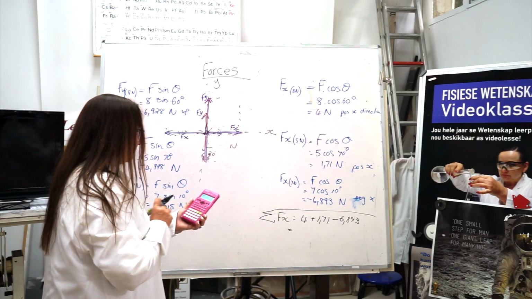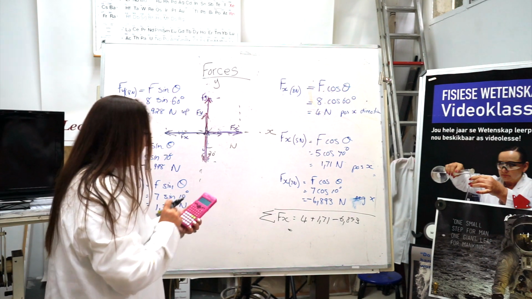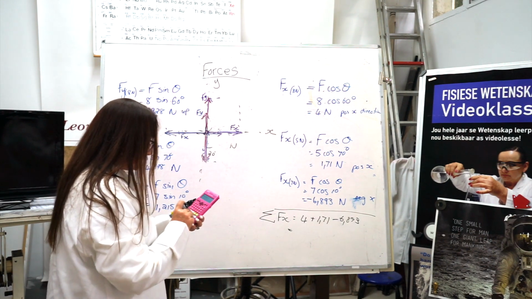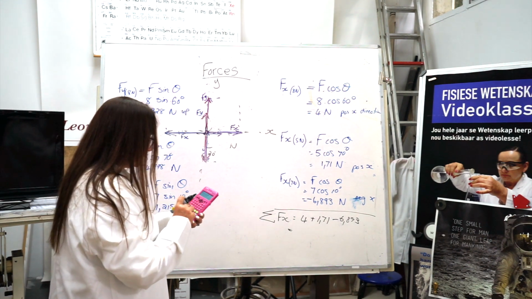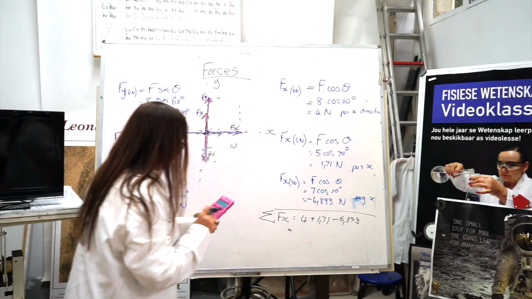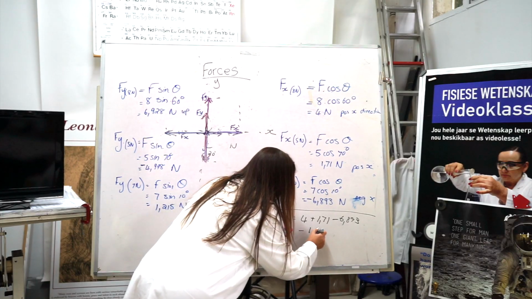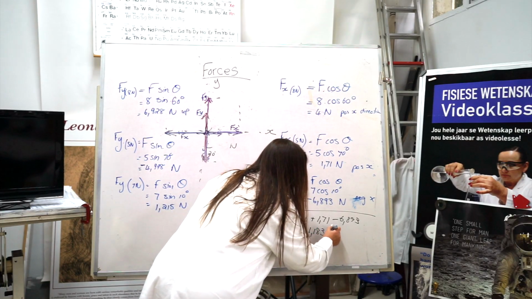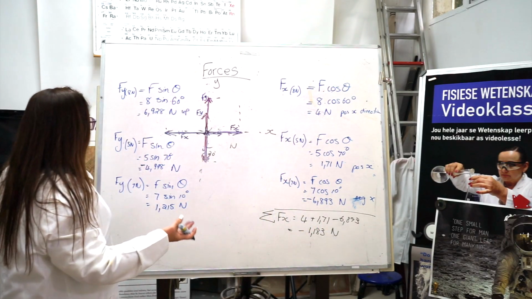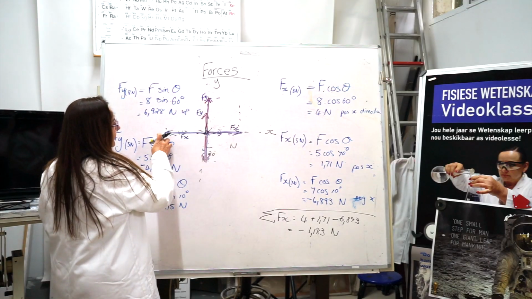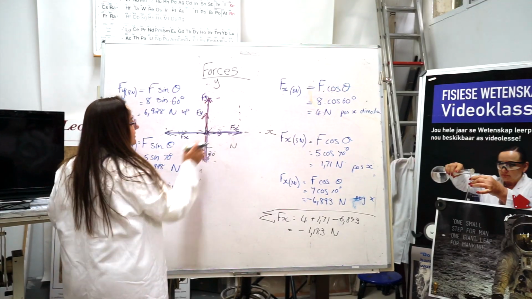So 4 plus 1,71 minus 6,893, and I get minus 1,183 Newton. So basically this one is a bigger one than those two together.